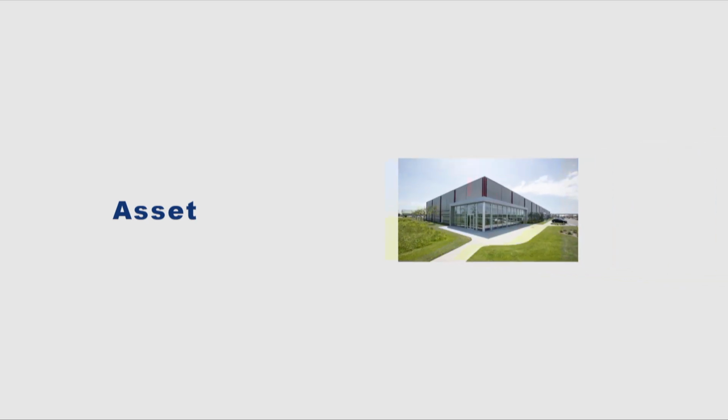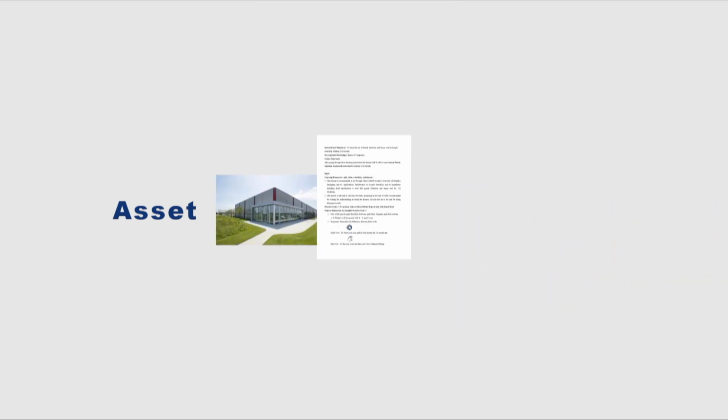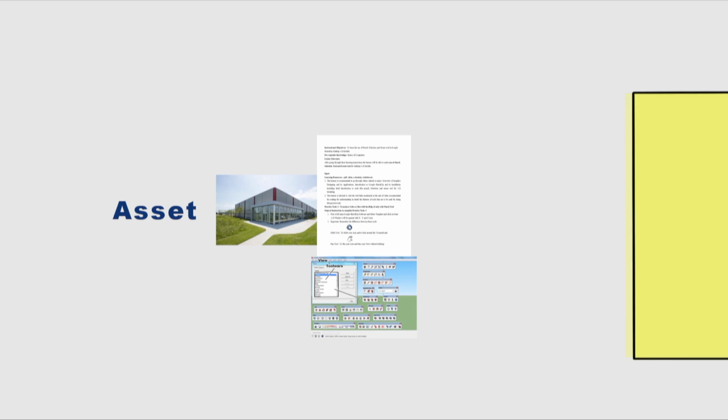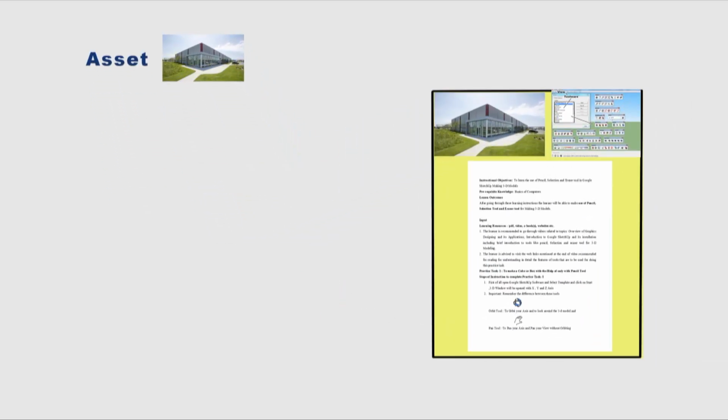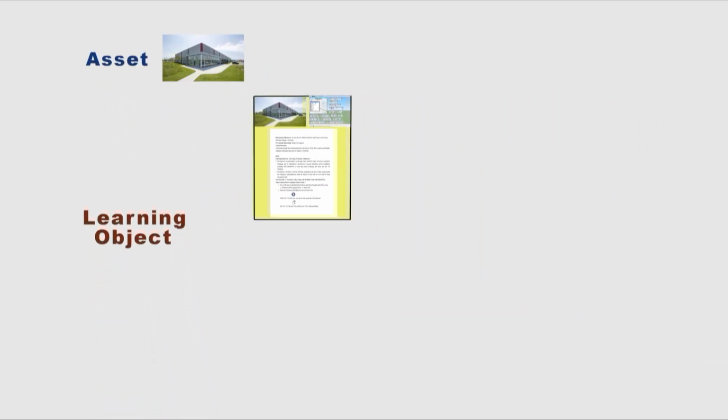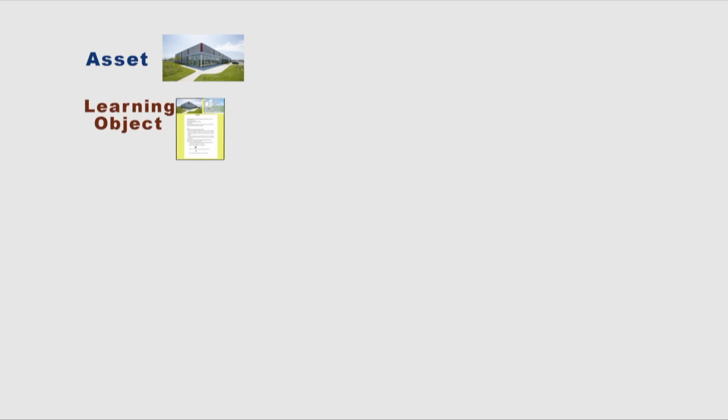The smallest part in e-content is known as an asset. Asset can be a single image, text, graphics or an animation. Next part is learning object, which is the combination of assets in a pedagogical manner.